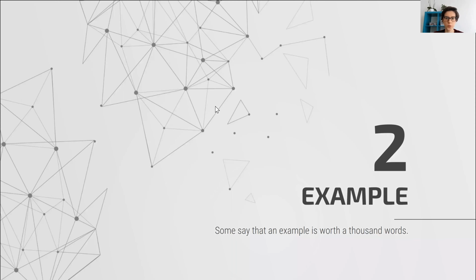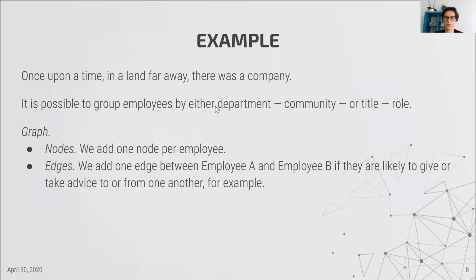So some examples to make things clear. Let's say we have a company or even a university, and there are some employees in this company, let's say managers, developers, and of course everyone has a job title. But in practice, what happens is that there are departments, which means a group of people that work frequently with each other.